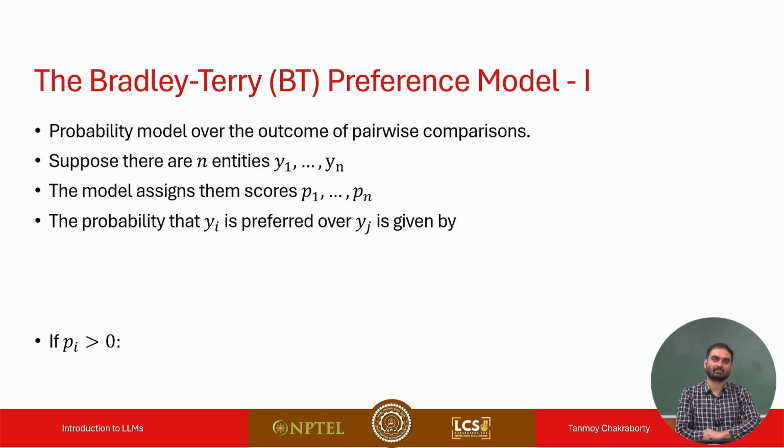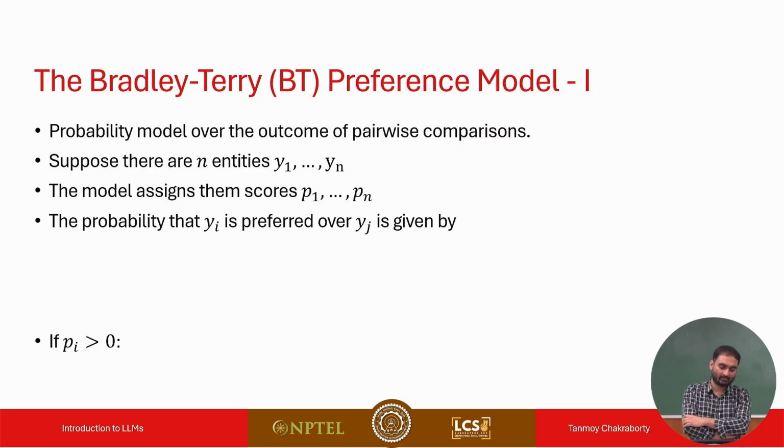I can just straight away write the cost function, which is very intuitive, but the cost function is essentially motivated by a distribution called the Bradley-Terry model, the BT model.